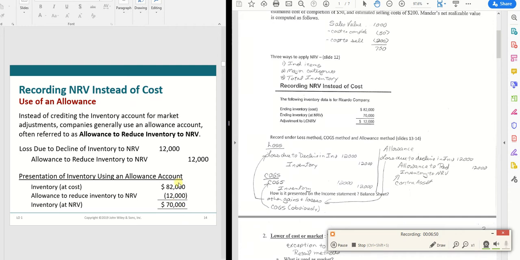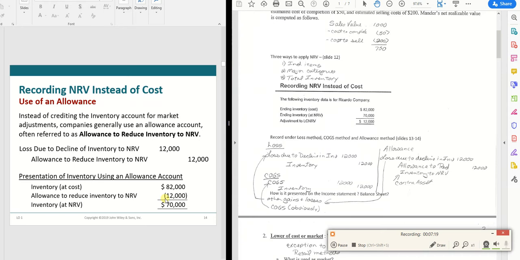Note that this one is probably more often used, mainly because if I have inventory, there's a subsidiary ledger for inventory, which means I would have to go back through and write down the individual peas and carrots, et cetera, for all of those items that I had. Whereas if I have an allowance, this 12,000, I don't have to assign it to specific products because there's no subsidiary ledger for the allowance.